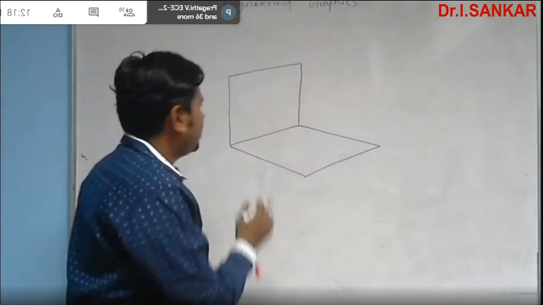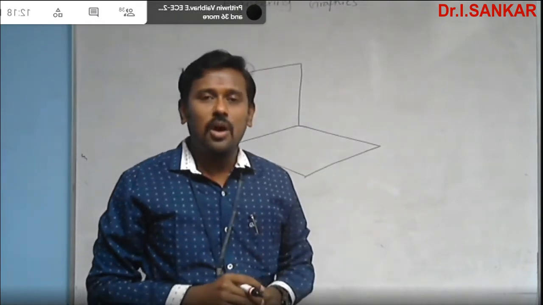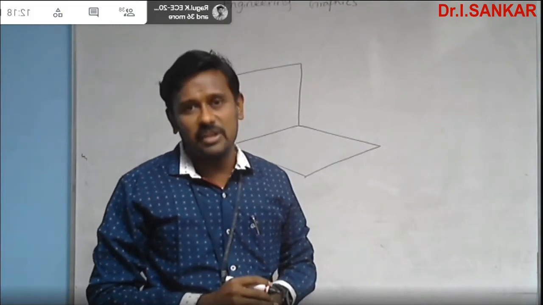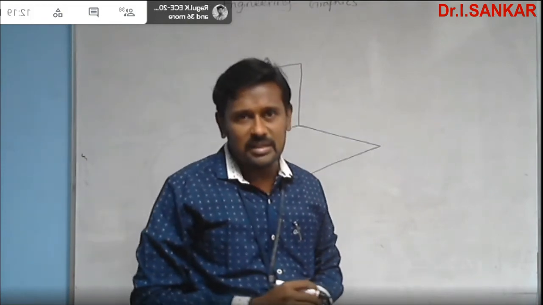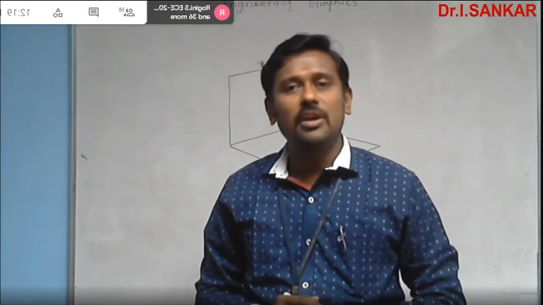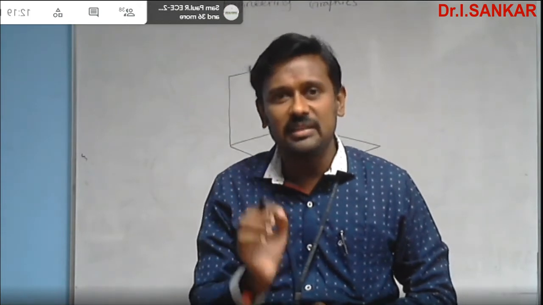In our engineering graphics, we are going to assume two planes, the horizontal plane and the vertical plane. These two planes are considered the principal planes. By using these two planes only, we are going to develop the views of the object by projecting the object.